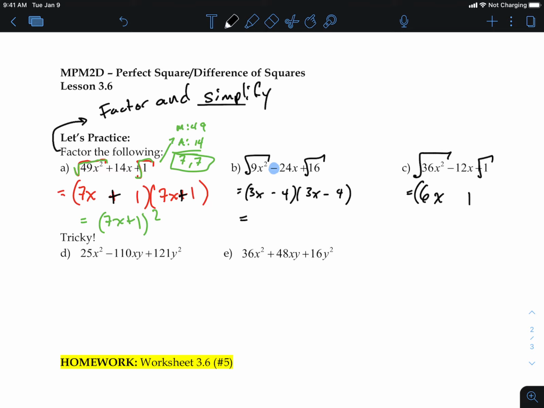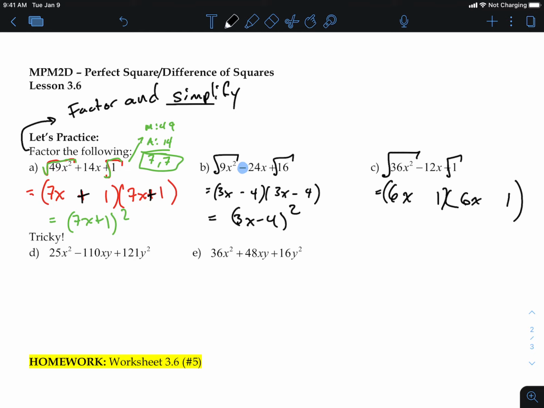The word simplify implies that it looks a little simpler. What sign's going in the middle? A negative, because I see the negative there in the middle. And then you can condense it.